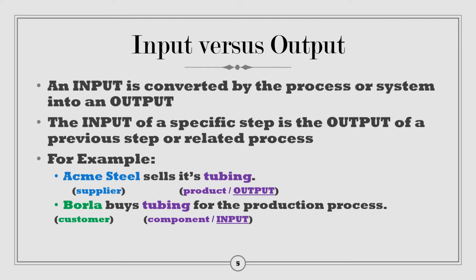Now Borla, as the customer, buys the tubing for the production process, and that's a component or an input to our process. So the tubing is the same, but for the supplier, the tubing is an output, but for the customer, the tubing is now an input.